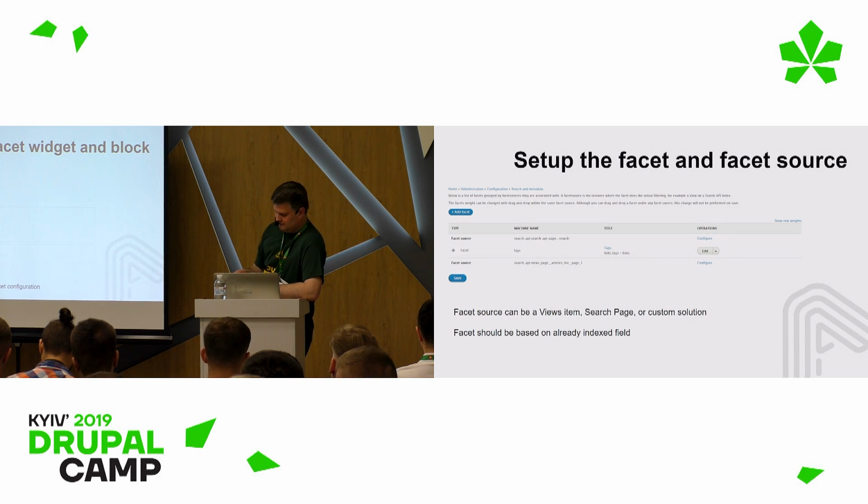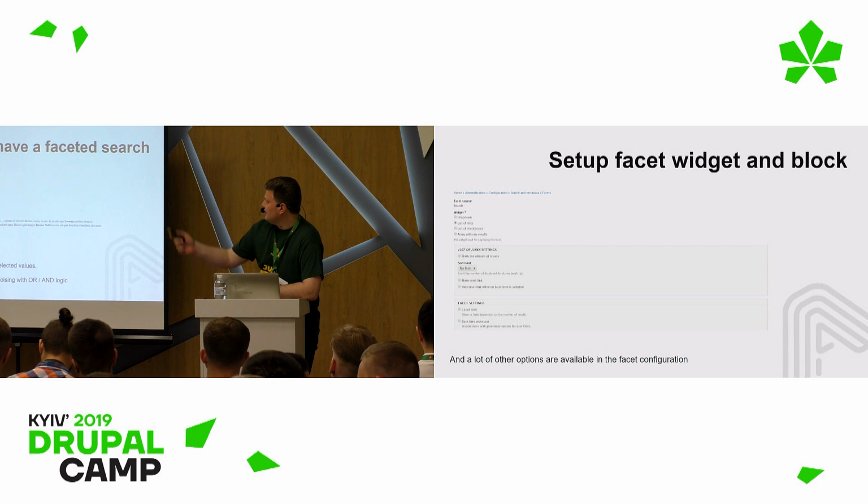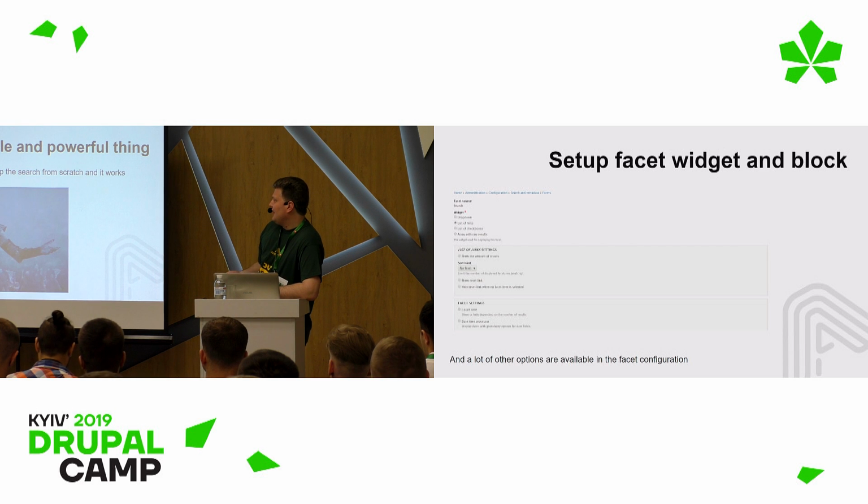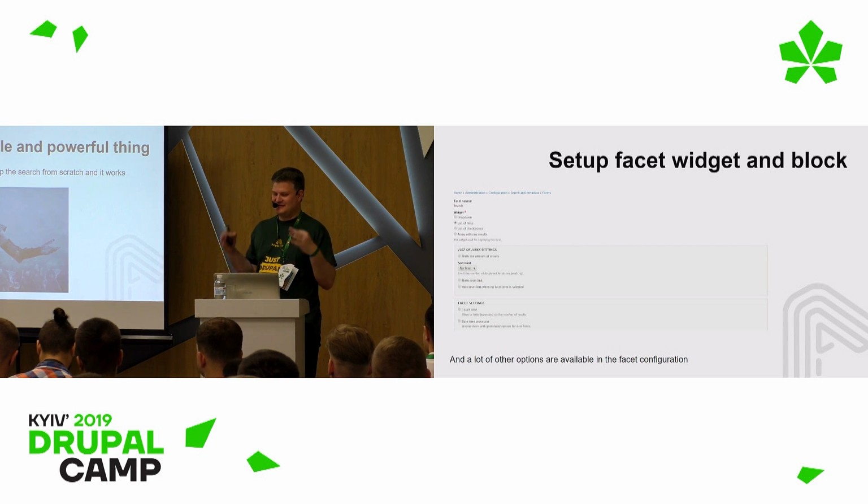As you see here, we have the facet filters block in the left sidebar, and as you see, it really works and it's really simple. And after that, you have a feeling that you have set it up from scratch.